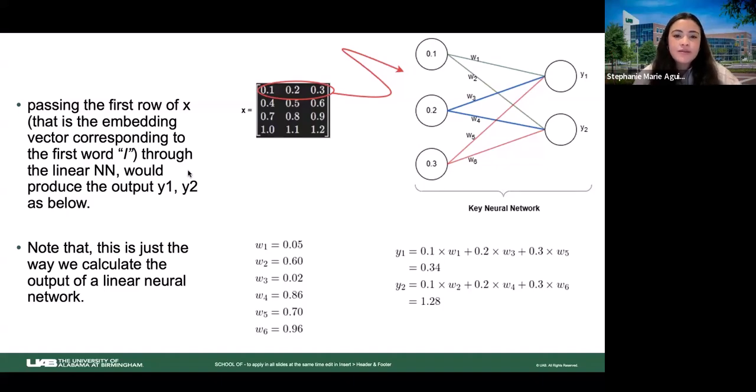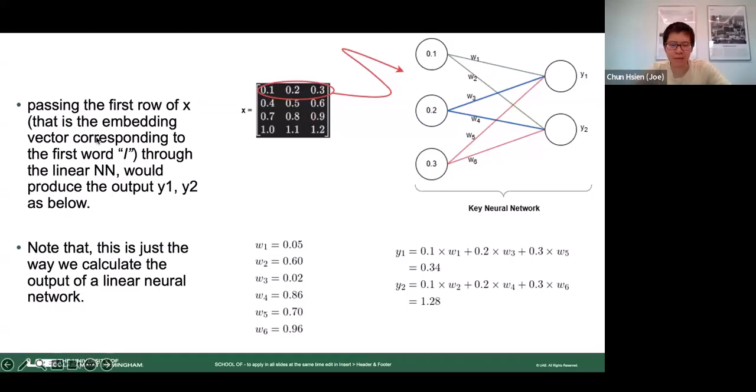I have a set of weights for the query matrix, the value matrix, and the key matrix. But we're trying to get the output matrix for the key, query, and value matrix from the end, given those linear neural networks.